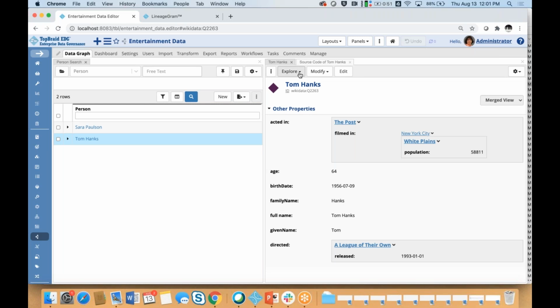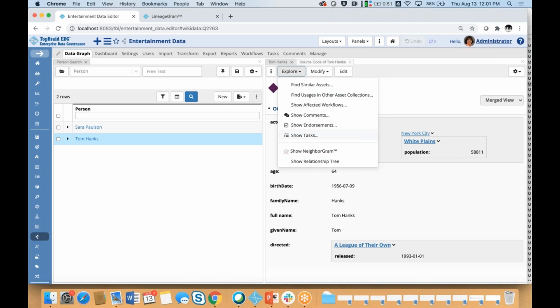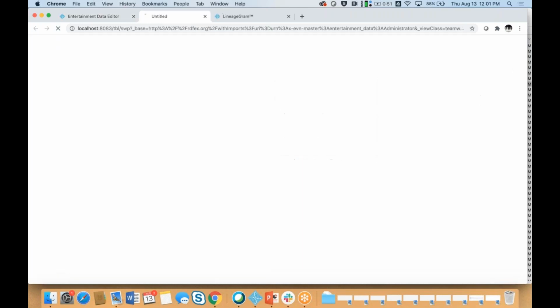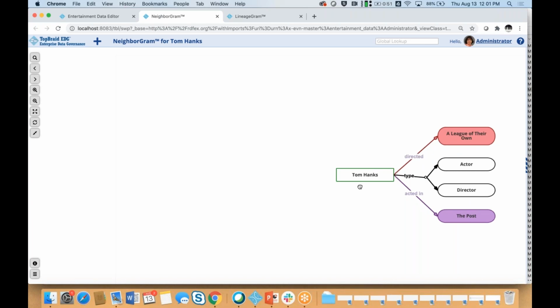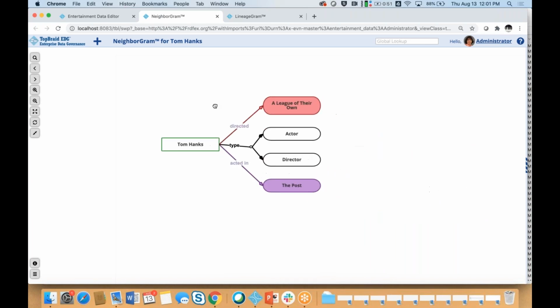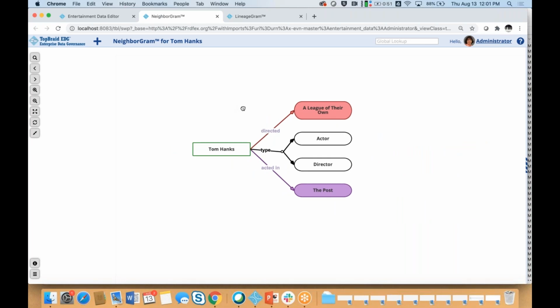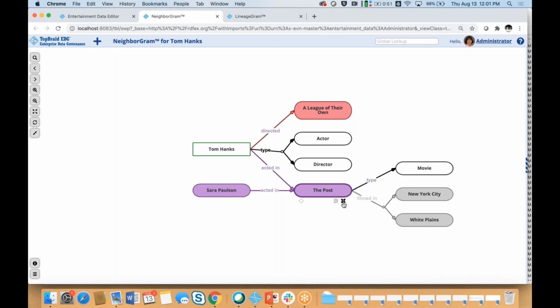And it's a graph, so it's always interesting to look at it in a graph type of visual representation. So we could do that as well. Let me make it a little bit larger. So you see the connection between Tom and movies he either played in or directed, and you could continue working the graph by expanding the nodes.